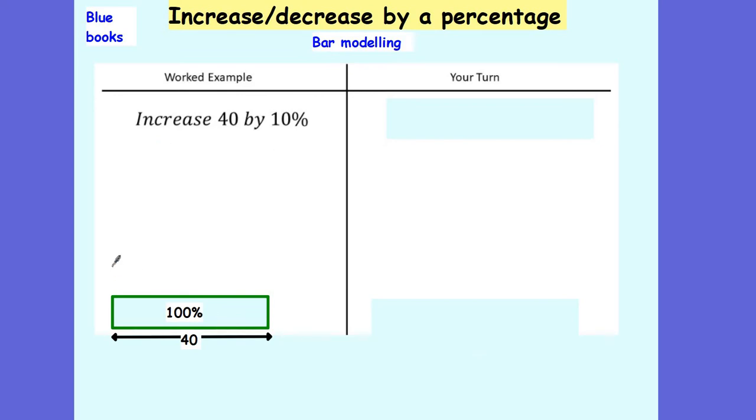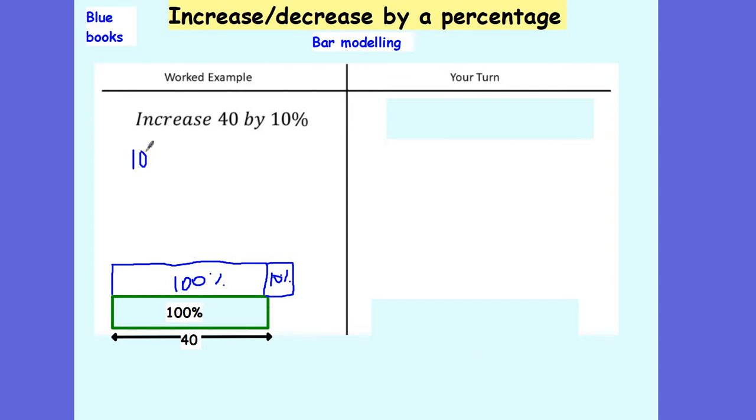Let's see what that's going to look like in terms of a bar. I've got my bar for 100% and we know that's 40. To increase it by 10%, I need my 100% plus an extra 10% on the end. So 100% is 40.